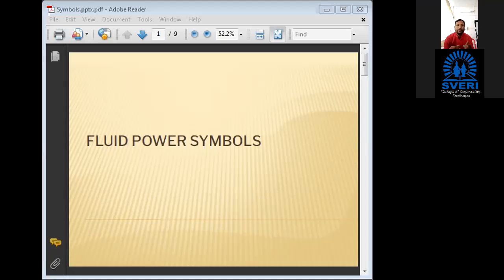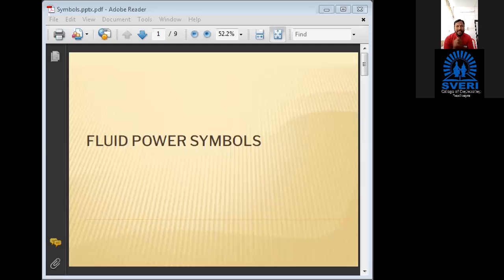For example, in hydraulics or pneumatics we use a motor or pump. For pneumatics we don't require any pump, a motor is required. It is not possible to draw the design of a pump, so they simply show its standard symbol. So you should know the different standard symbols in hydraulics and pneumatics. That is our practical number 1, so let us begin.